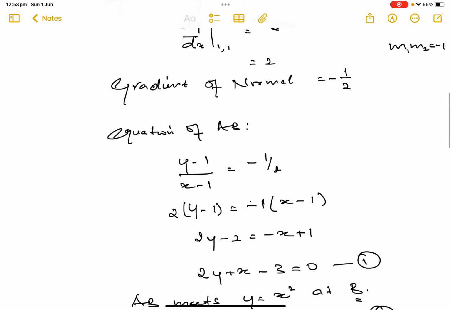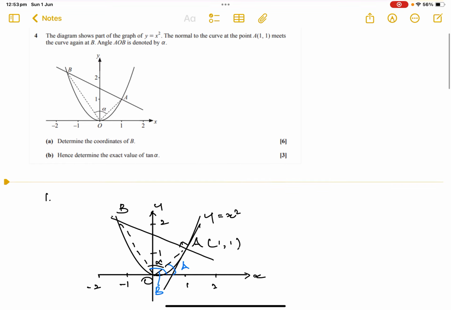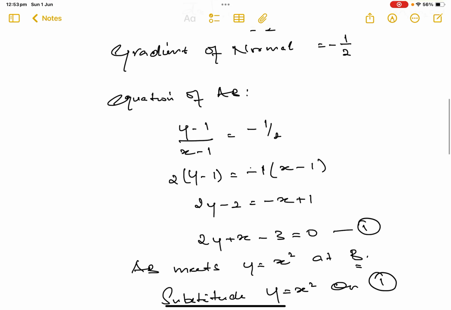Now we find the equation of AB, which is the equation of the normal, because we need to find the coordinates of B. The gradient of AB is minus half, and point A is on that line. So in standard format, y minus 1 over x minus 1 is the gradient, equal to minus half.